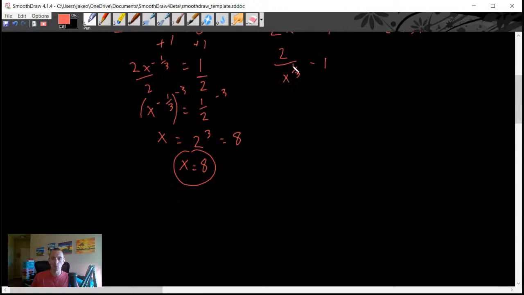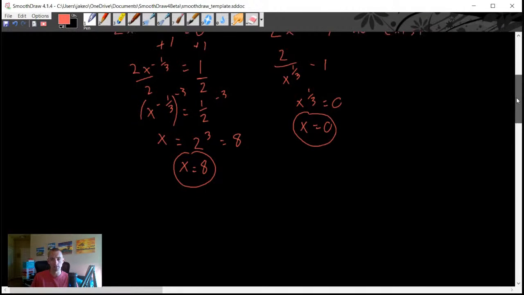Basically, if there's any place where this denominator equals 0, that's going to cause us to divide by 0, which is against the rules of math. So we can't do that. So if there are any x values that cause this, that's a potential critical number that we want to consider. And in fact, there is, which would be x equals 0. So you want to be aware of this potentially causing some problems.